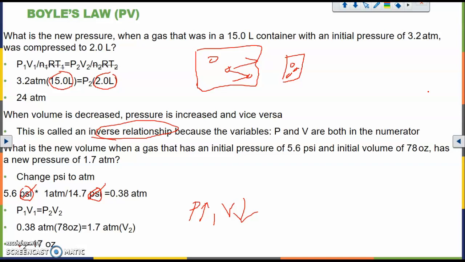Now, if I put the same person, who has also taken medication that makes them more hyperactive, in a smaller room, now they're going to interact with the wall more. Okay, so that's the pressure and volume relationship. I hope that makes sense.